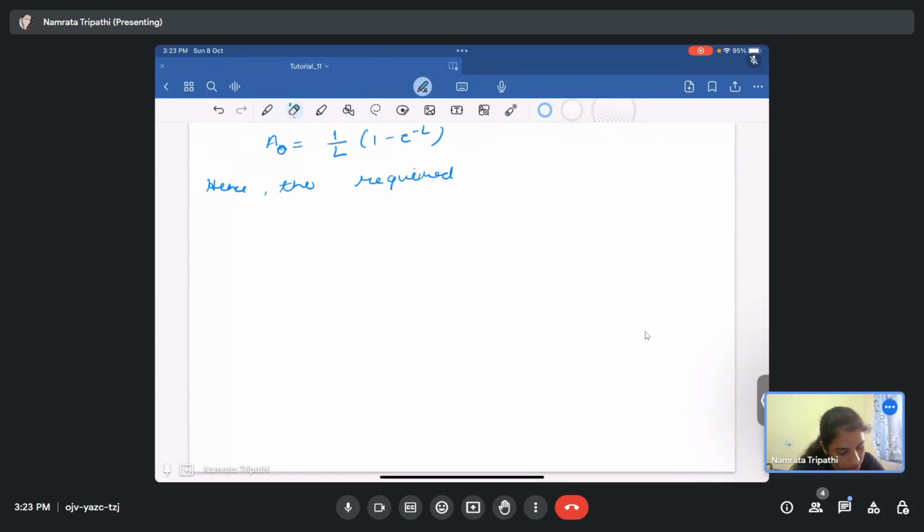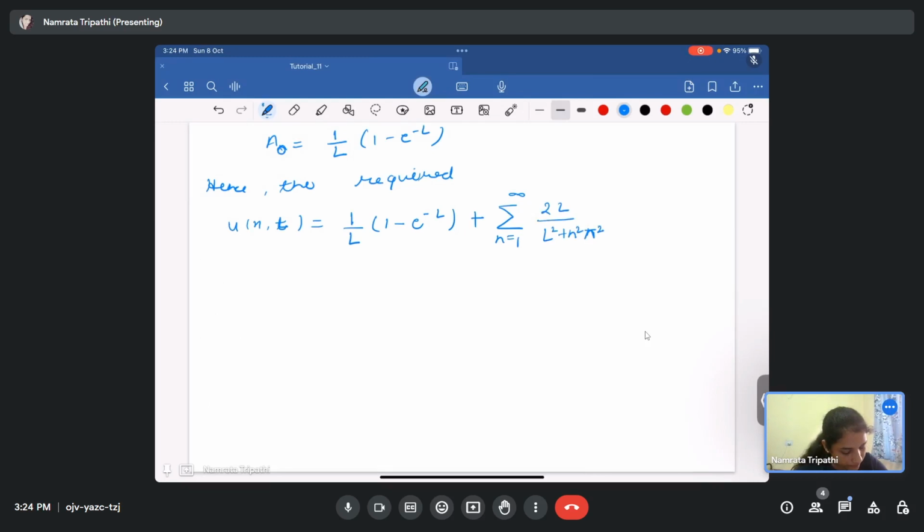So the required solution will become, for a naught, and for n equals 1 to infinity, 2L upon L square, times an, the value of an I am writing as 1 minus e to the power minus L, into cos of n pi x by L, into e to the power minus n pi c by L whole square into t, where t is greater than or equal to 0.